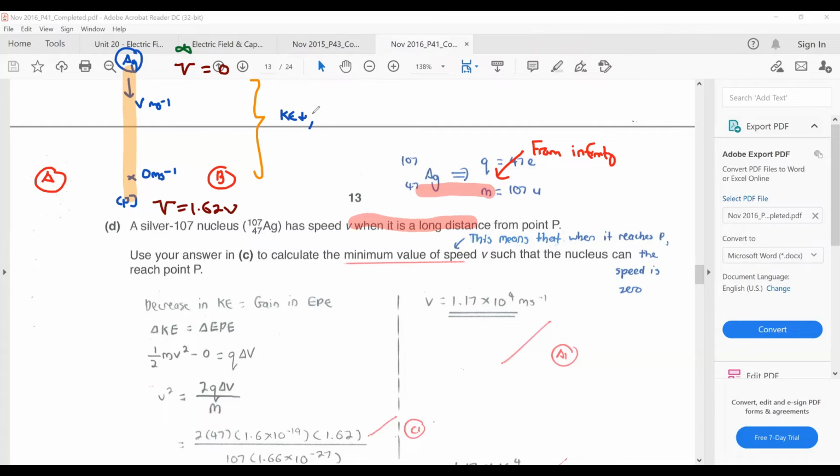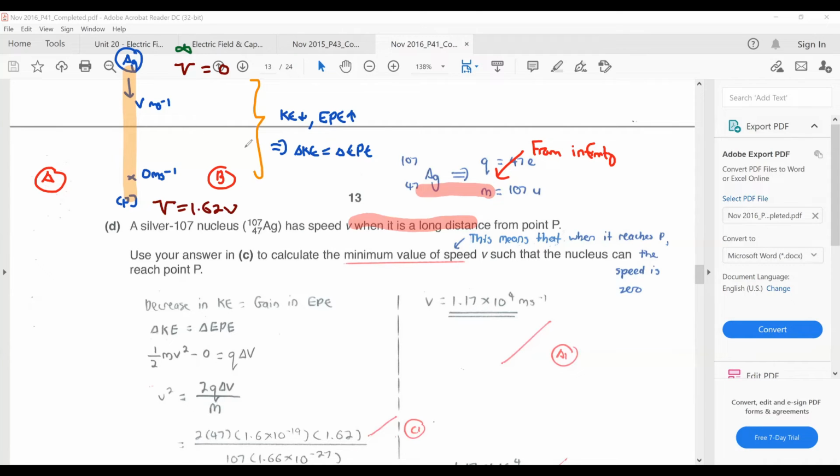According to conservation of energy, your EPE instead should be increasing. Okay, so here what you could say is that whatever change in KE you have will be the same as the change in EPE that you have.